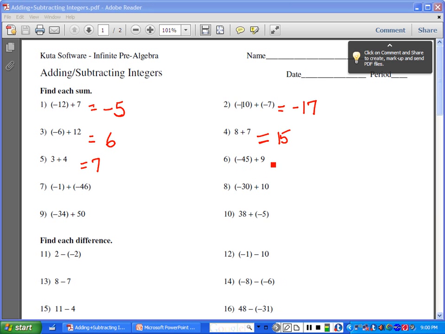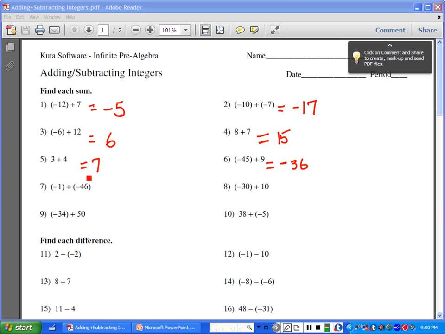My answer will be either negative or positive. It's going to definitely be negative because 45 is the larger of the two numbers. Now when I subtract 45 and 9, we get 36. So the answer is negative 36 here.